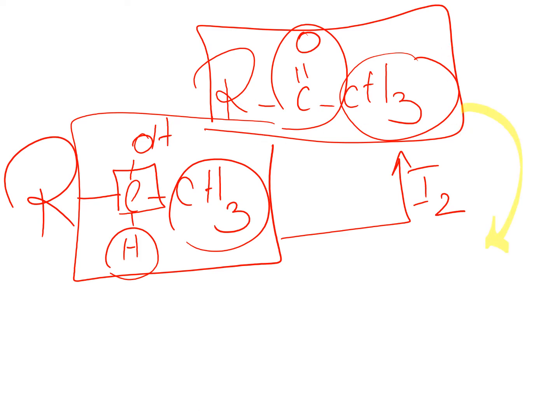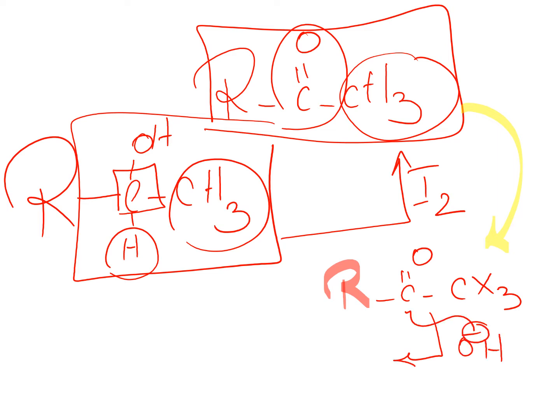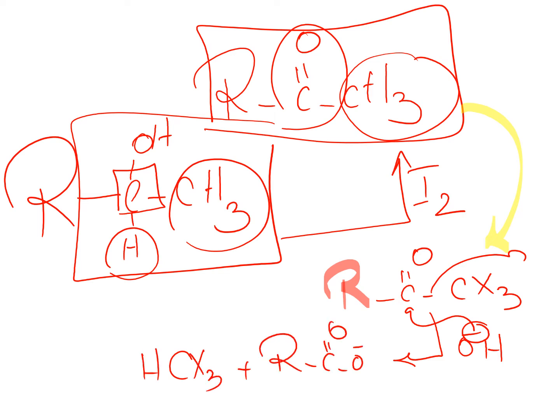As we said, you first halogenate three times the terminal carbon, and then you attack using your hydroxyl group and release your haloform and the sodium salt of your acid. So this is what haloform is and how it proceeds and the requirements needed for haloform.